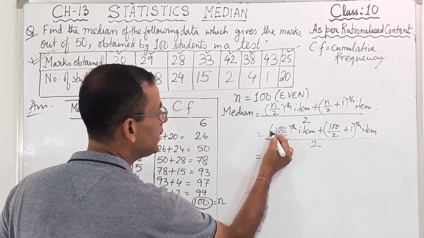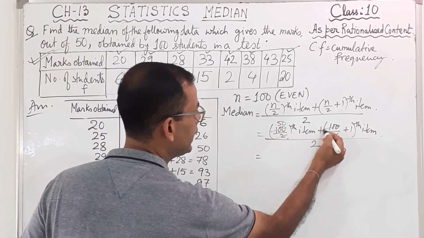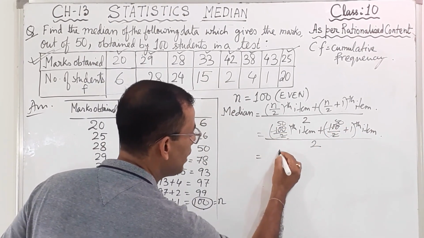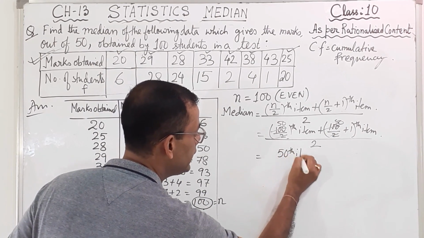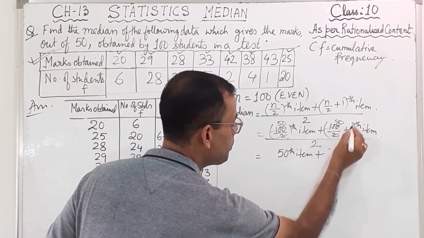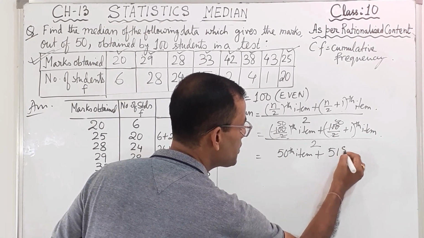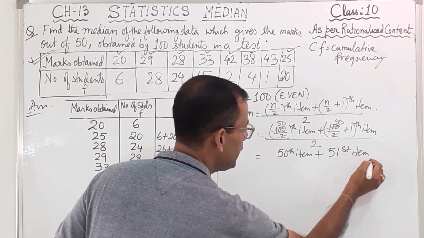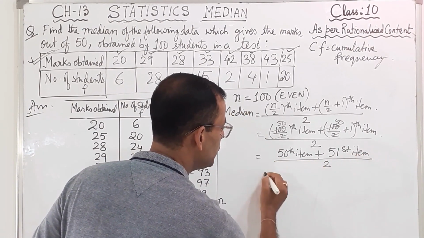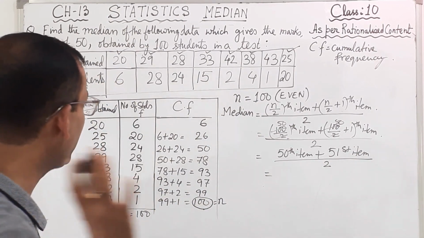So this will cut, it will become 50, and this will cut, it will become 50. So what is it coming? 50th item plus 51st item, divided by 2. Now the last step.